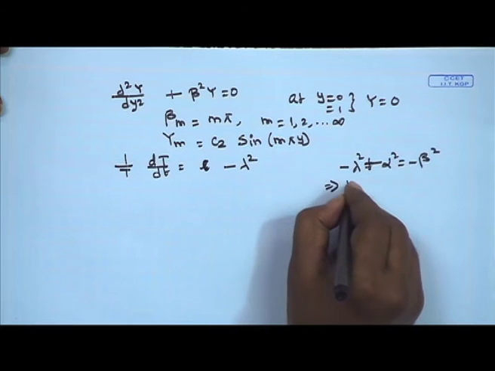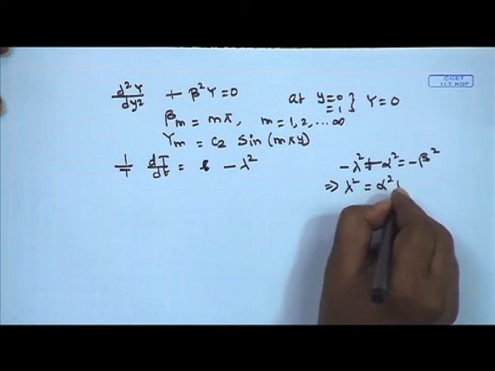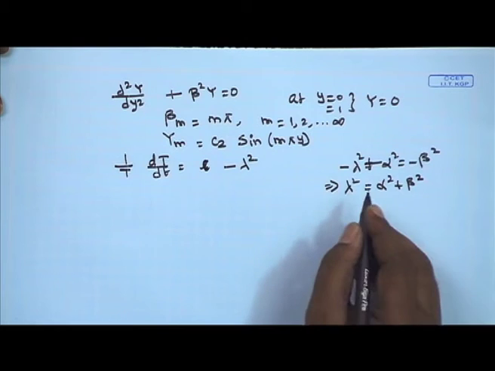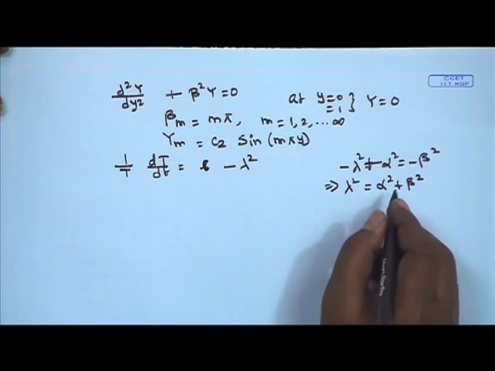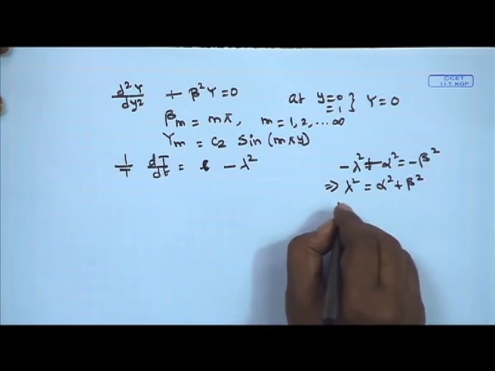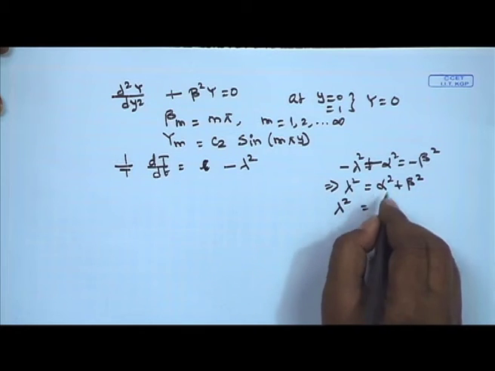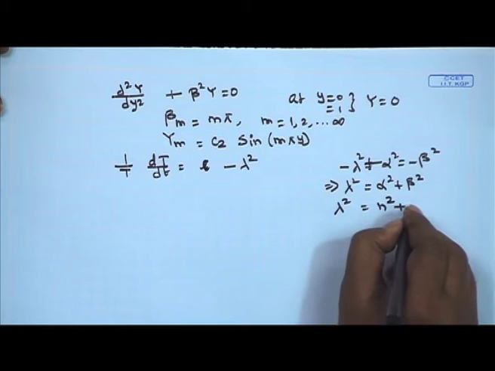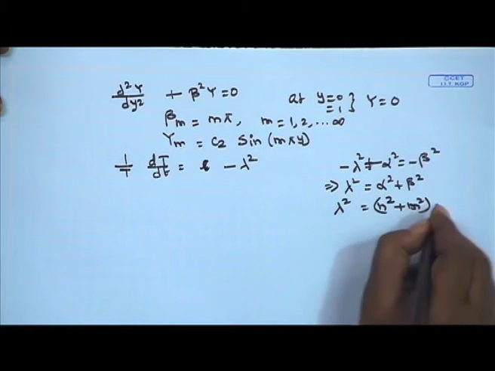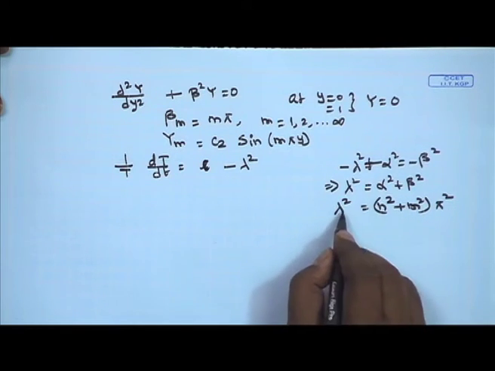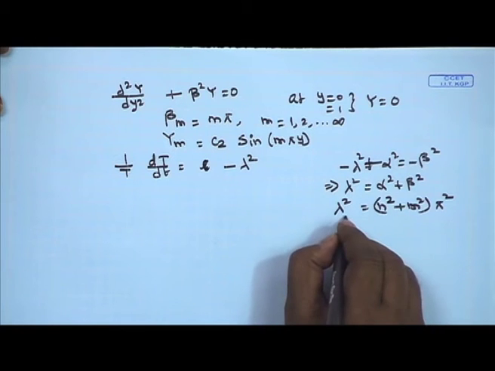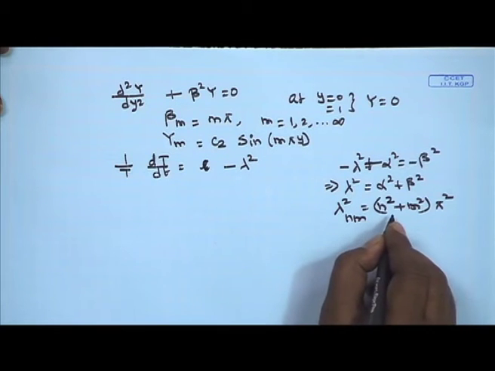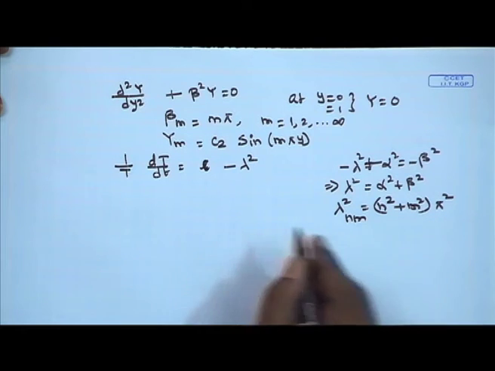So, lambda square will be nothing but alpha square plus beta square, and let us put in the values of alpha and beta. Alpha is n pi, so it will be n square pi square, beta is m pi, so it is m square pi square. Since lambda is a function of both n and m, we write lambda nm is equal to n square plus m square pi square.